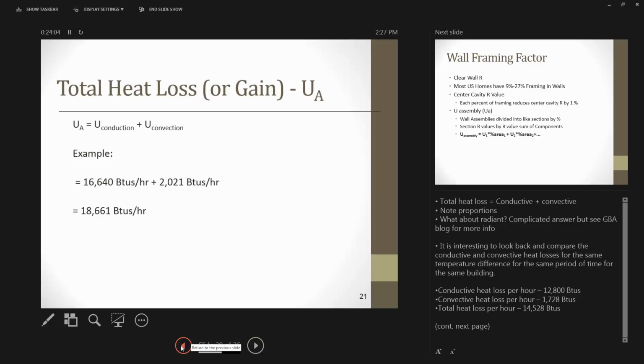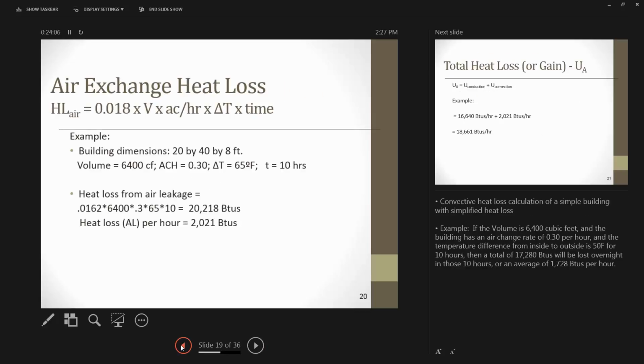So, for example, and I didn't bring my calculator with me, let's say this is an example of an older house, and you're going to go in and do some energy upgrades. You can easily figure out if you change your air, for example, if you're going to air seal it, you're going to change that from 0.3 to 0.1.